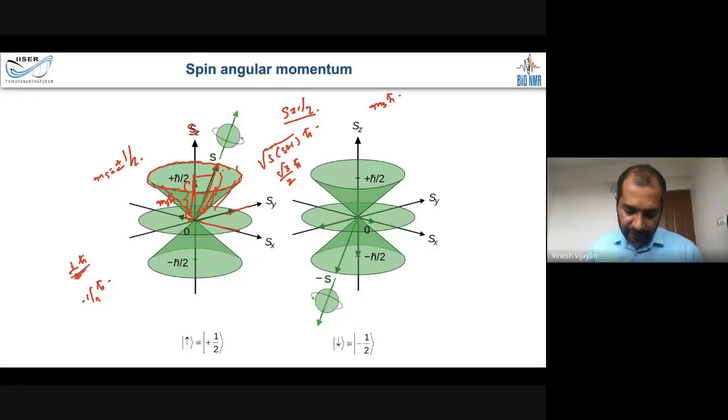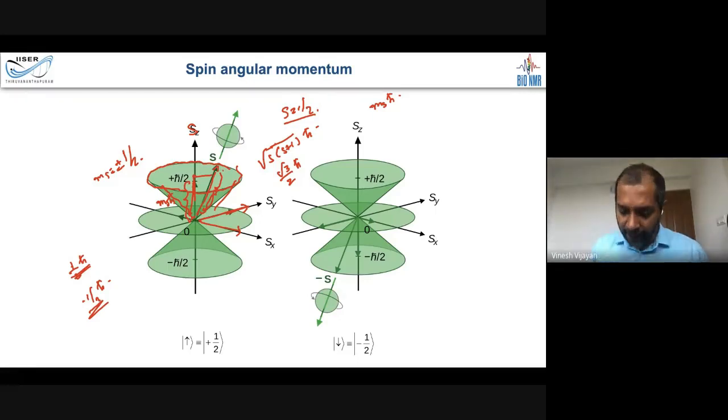Sz is half H cross or minus half H cross, but we will not know Sx or Sy, the component along the x or y direction. So we do not have the information on the spin in the x and y components. We can only know the magnitude of the vector and the component along the z axis, which is MS H cross.